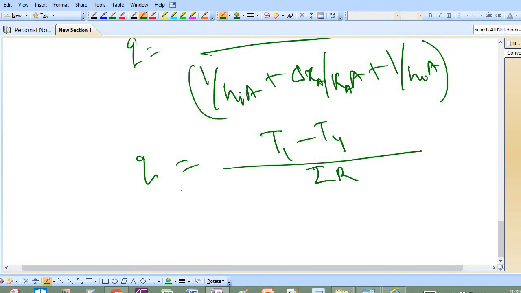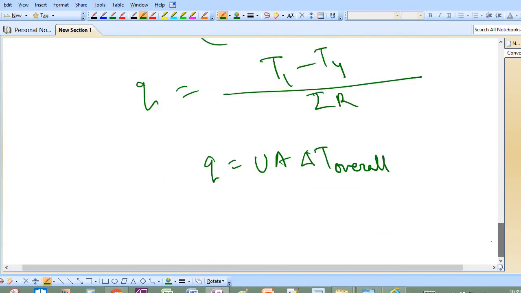The overall heat transfer by combined conduction and convection is often expressed in terms of an overall heat transfer coefficient U, which is defined by Q is equal to UA delta T overall. Now, delta T overall is our T1 minus T4.